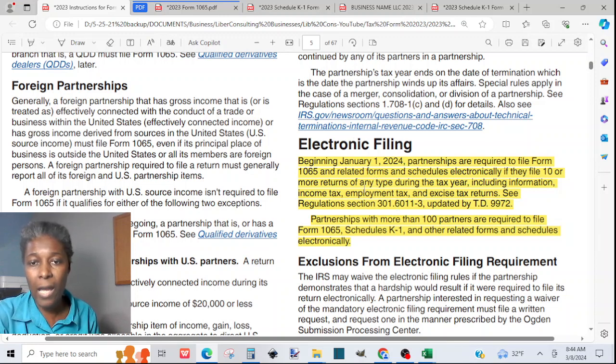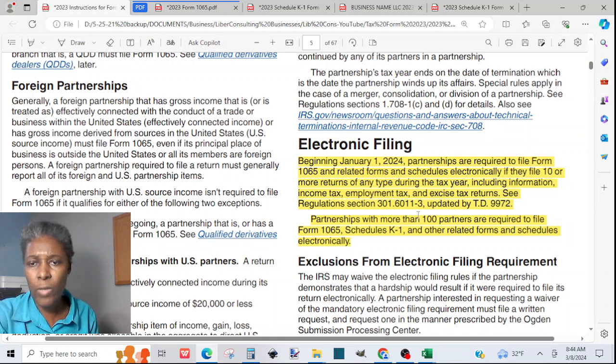If there are other tax forms that you file, including W2, employment tax, unemployment tax, if you have 10 or more returns to file, you might be required to file your 1065 electronically.